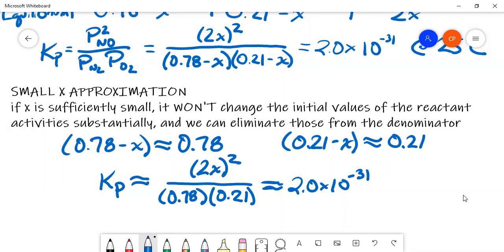And we hope on the other side that this is going to get us a sufficiently small x. Spoiler alert, it totally will.